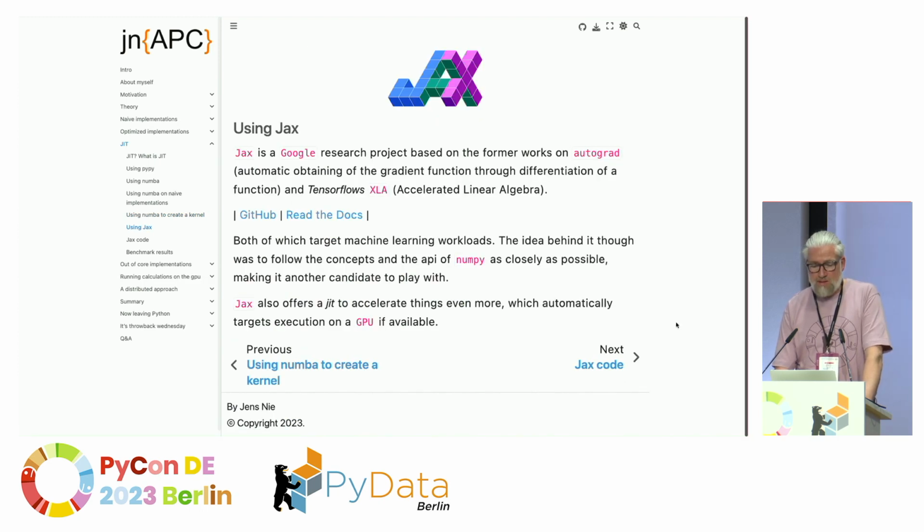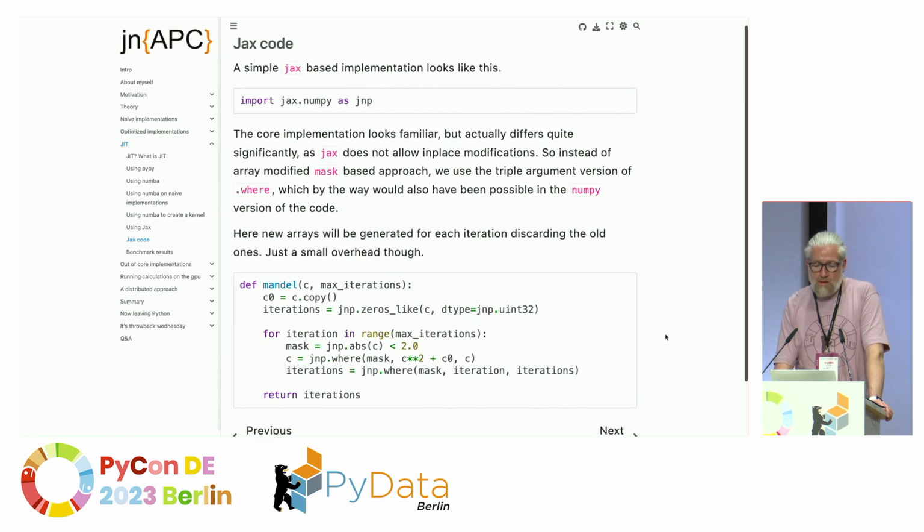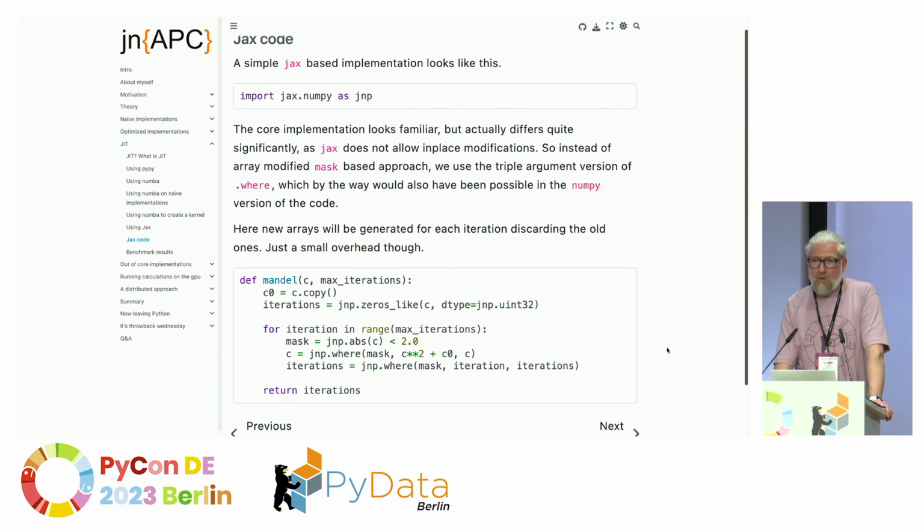Another new kid in town is JAX, pretty much aiming for the same thing, and it belongs to the tool set of deep learning and machine learning probably, but as we know, for all of this, we do need numerics. So we probably want to have a look at that as well. I personally wasn't able to get it running on the machine, so that's why, sadly, things will be missing in the benchmark, but things are simple because all the libraries that are evolving today will use the API that most of us are familiar with already based on NumPy.